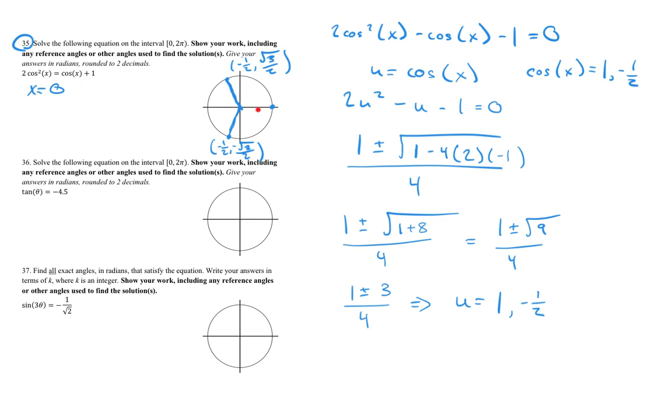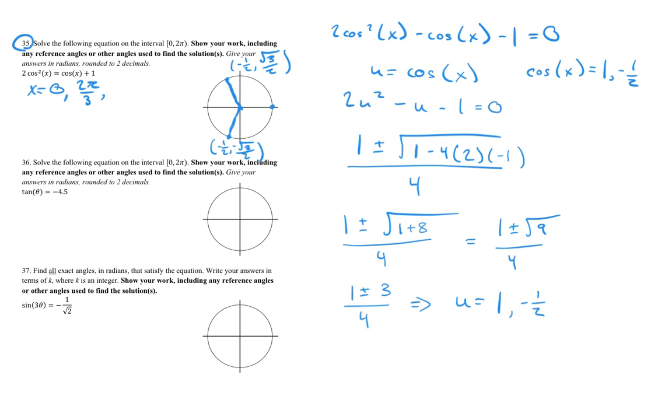So this angle here, we know that this amount is pi over 6 past pi over 2. So this is going to be 4 pi over 6, which simplifies down to 2 pi over 3. So next we need to figure out this angle here.